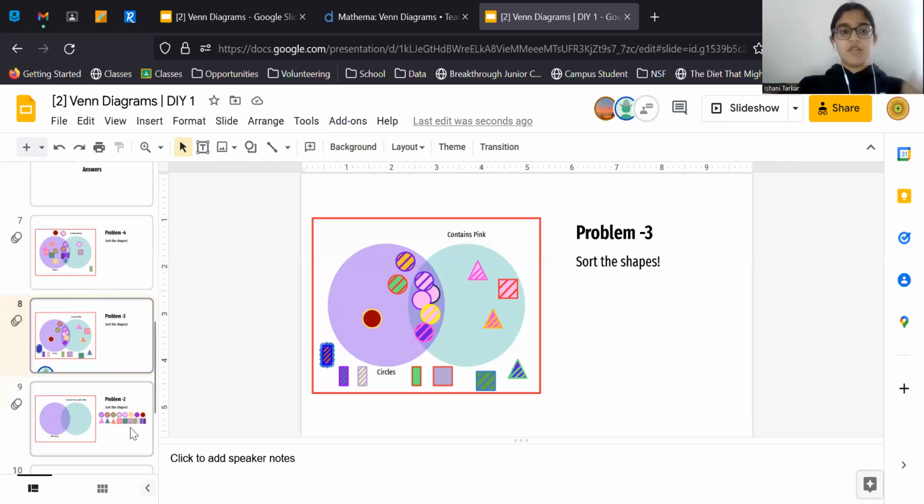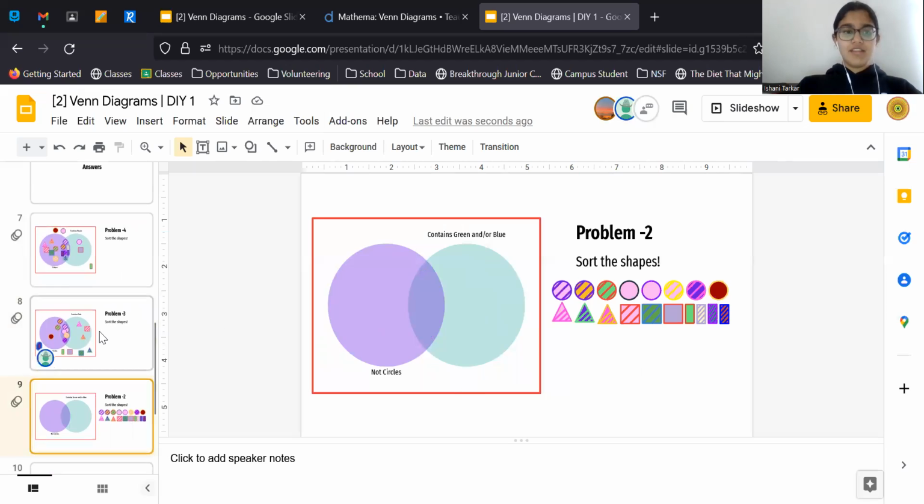Okay, so hopefully you all got that same answer. For this one, the categories are contains green and/or blue, and not circles. This is a circle, so it wouldn't go in the purple side, and it doesn't contain green or blue, so it is neither.